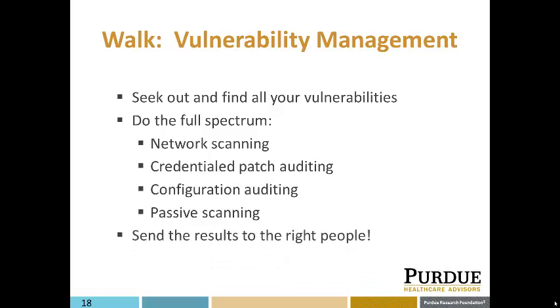And you have to send the results to the right people. For instance, if the security team is doing an audit of endpoints, send that to the folks that deal with desktop support. Like I said earlier, don't go over their head until you've had an opportunity to work with that group directly.